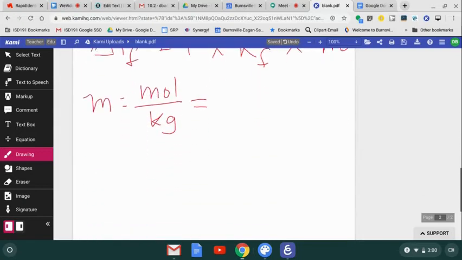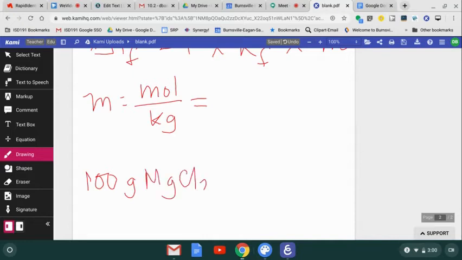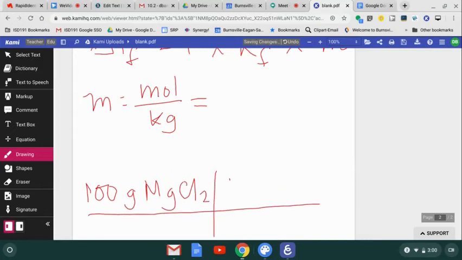So 100 grams of magnesium chloride. 1 mole of magnesium chloride has a mass of 95.21 grams. And if we plug that into the calculator, that gives us 1.05 moles.